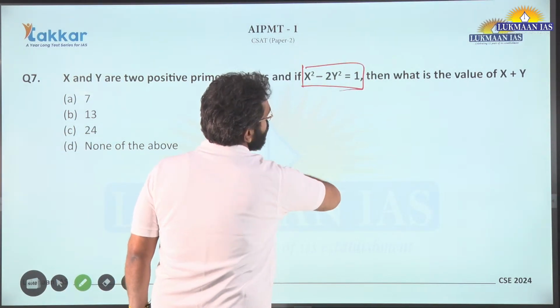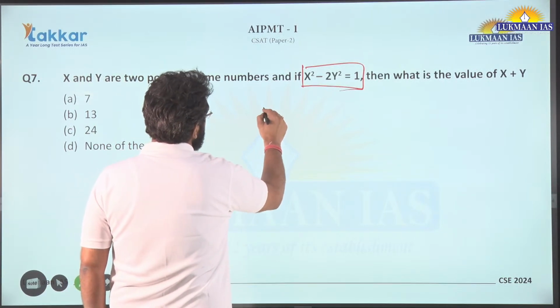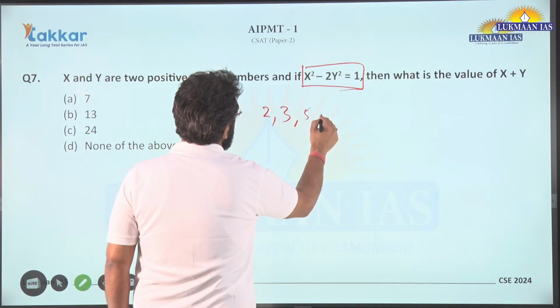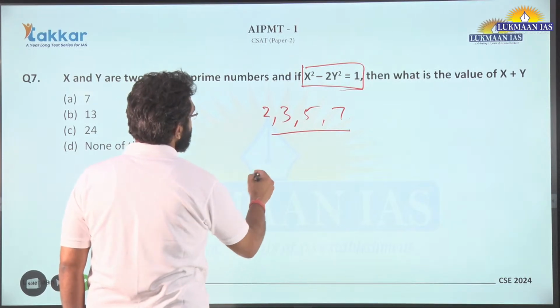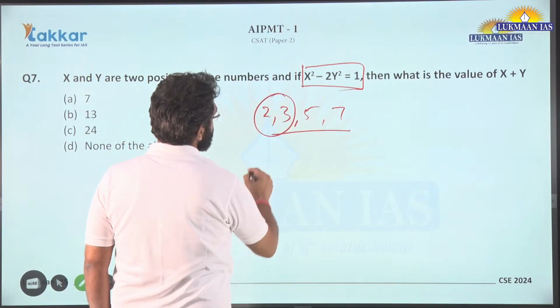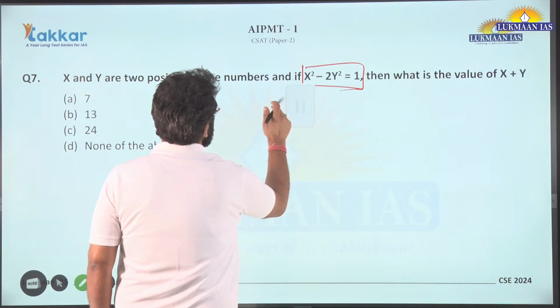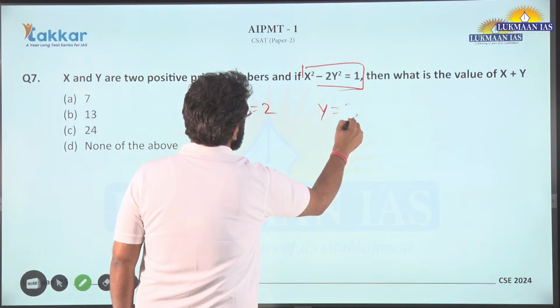So this is the given equation, and we know that positive prime numbers are 2, 3, 5, 7, and so on. Let's try the substitution method. Take the first two smallest numbers. Let x equal to 2, y equal to 3. Let's try.